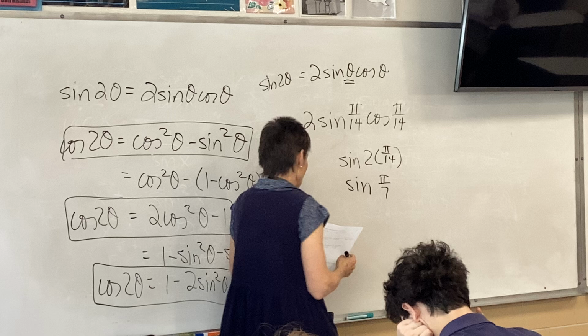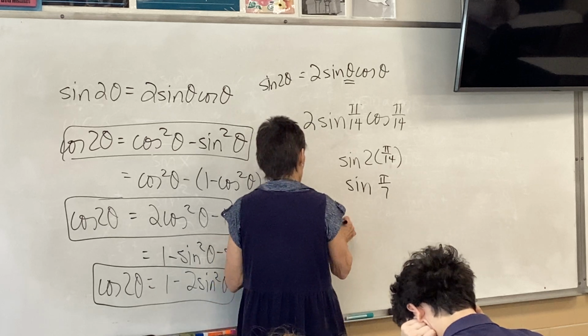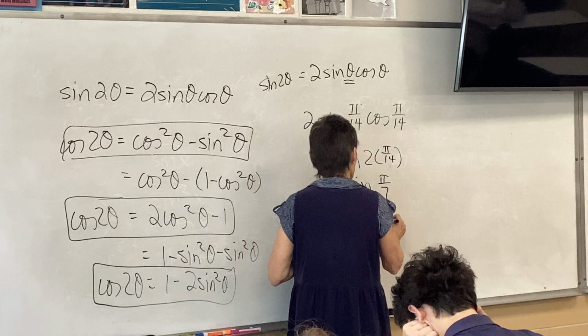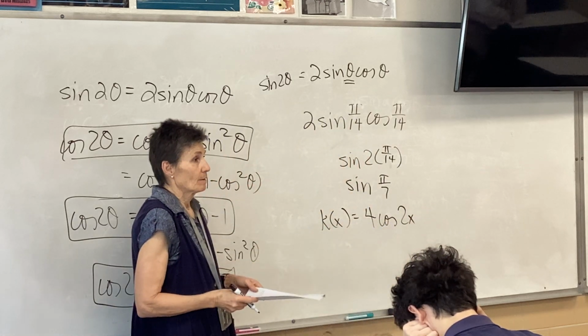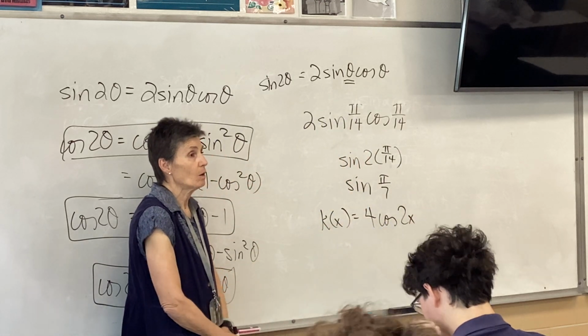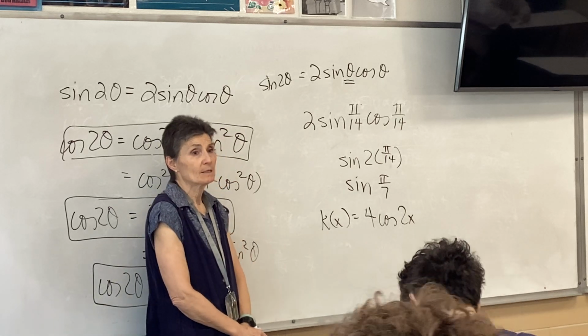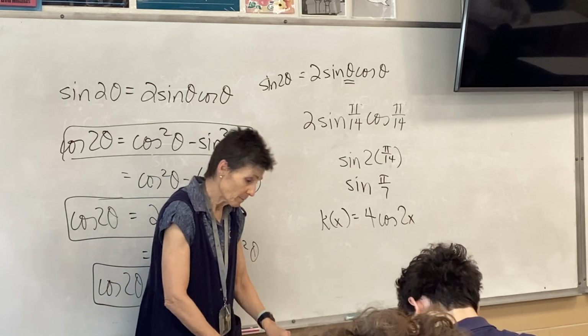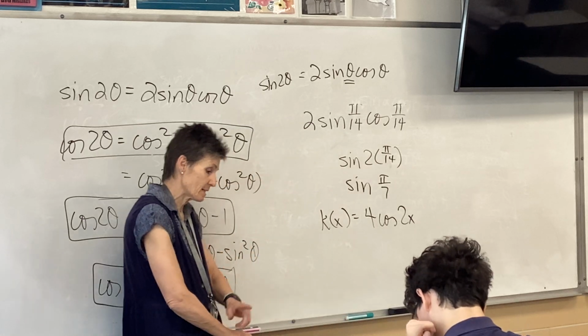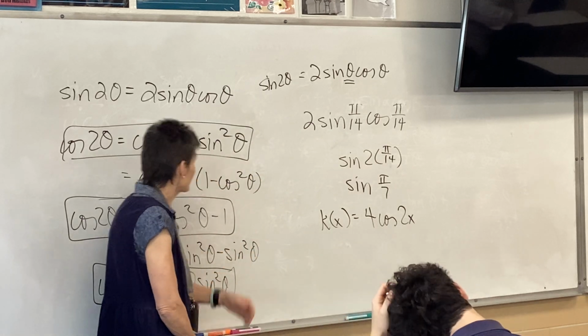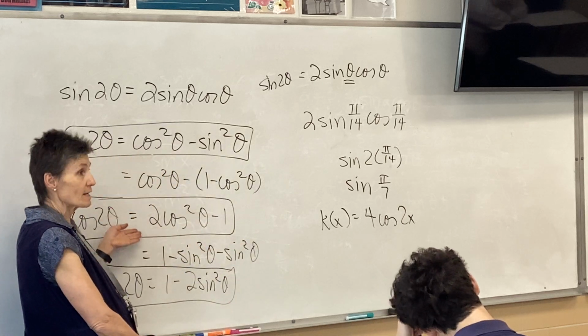Look at the next one. We have 4 cosine 2x. What do we know about cosine 2x? Well, I'm gonna look at all my answer choices. No, they're kind of all mixed up. So, this is what I know about cosine 2x.